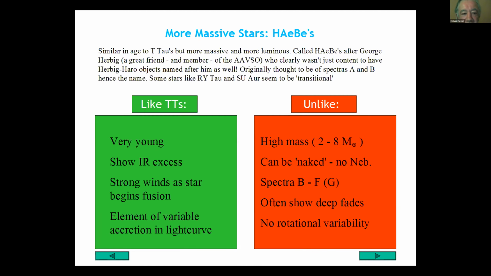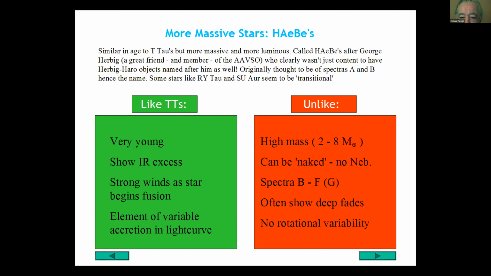How they differ from the T Tauri stars is, as I said earlier, the mass. They have to be more massive. And also, we often find that they're not attended by nebulae. In virtually every case, T Tauri stars are involved with nebulae, either bright or dark. These ones can be what you might call naked.